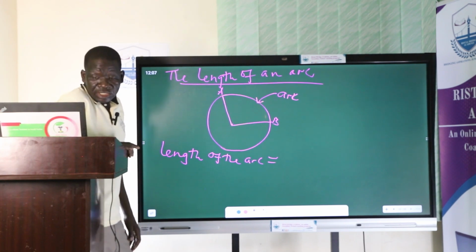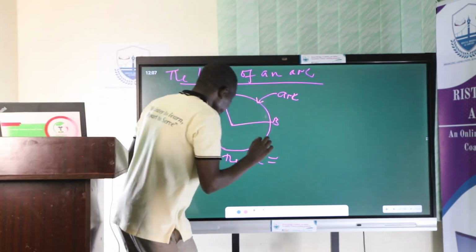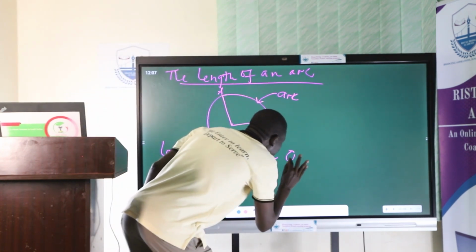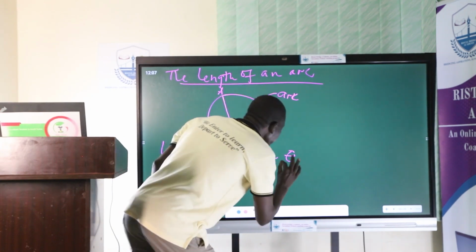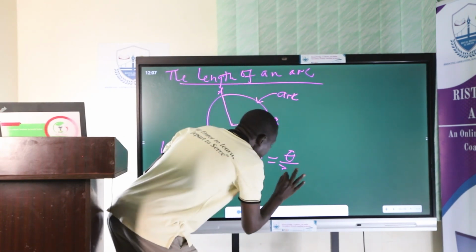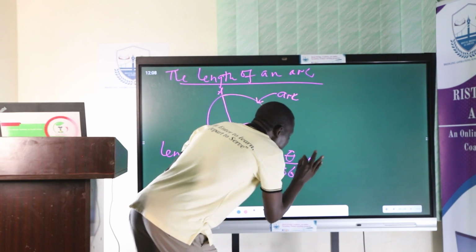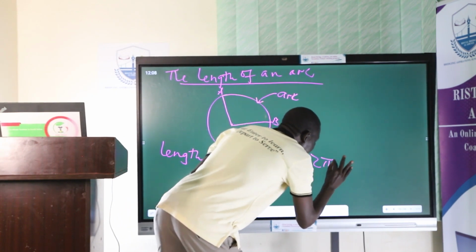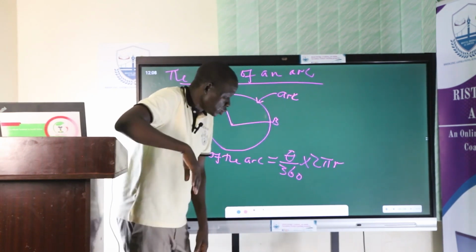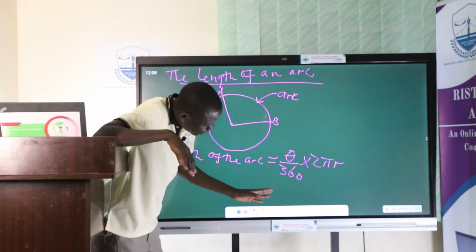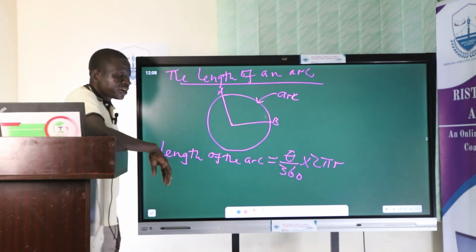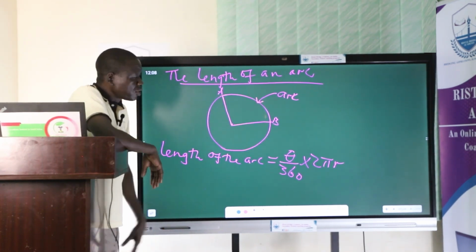So theta over 360 times 2 pi r is equal to the length of the arc. We can use this formula to find the length of the arc.